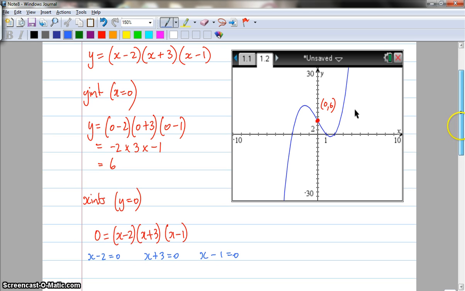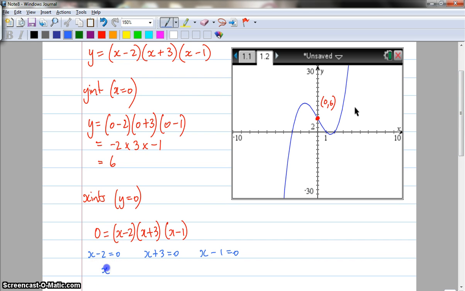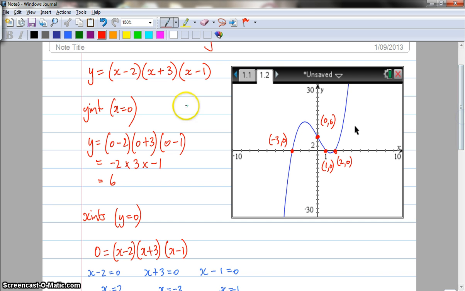Now just solving those three equations should tell me that x equals 2, x equals negative 3, and x equals 1. If I look up to my graph, that's exactly where all of those points will be: x equals 2, x equals negative 3, and x equals 1.